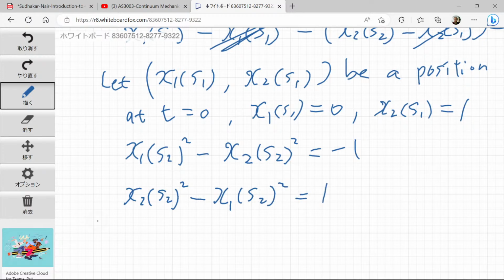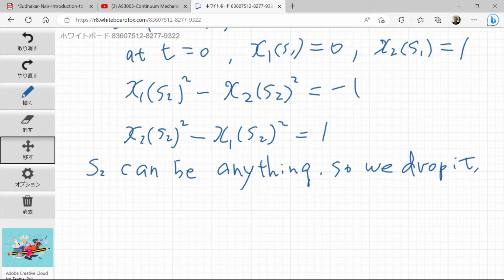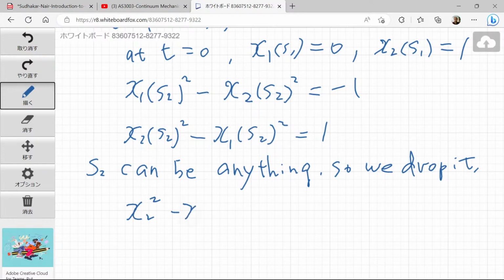And now s2 can be anything, so we drop it. Then we obtain x2 square minus x1 square equals 1.